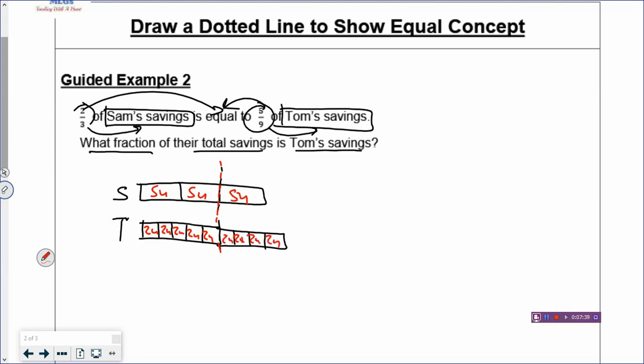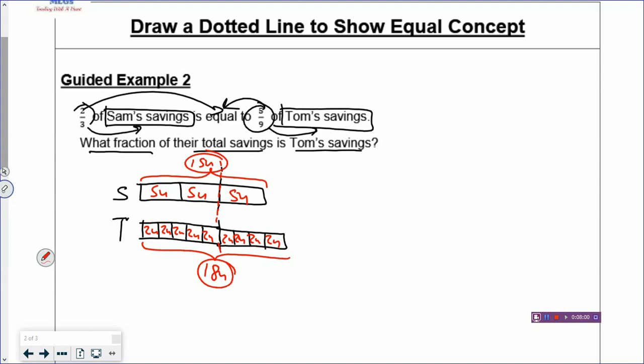Okay, got it? Now your model is all units already. Now you can answer the question. Sam's savings is 15 units, and Tom's savings is how many? 18 units.